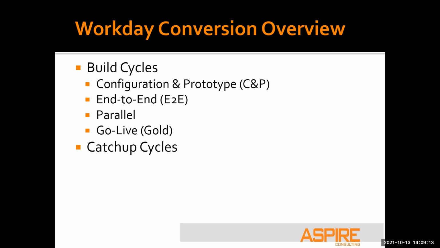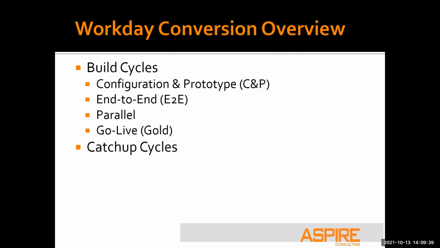And this is where your functional teams will really focus on their configuration of your Workday tenant, and making sure that when data is presented into that system, those configurations that they've put together all work as expected. A lot of reworking of those configurations happens in this build.